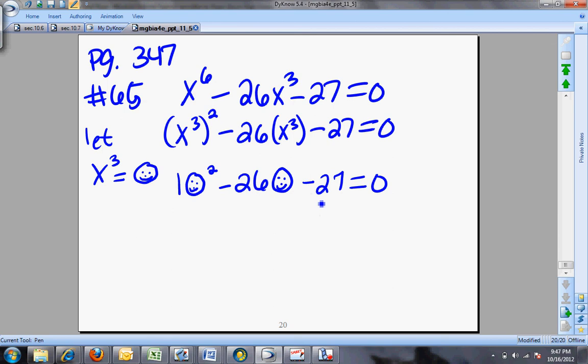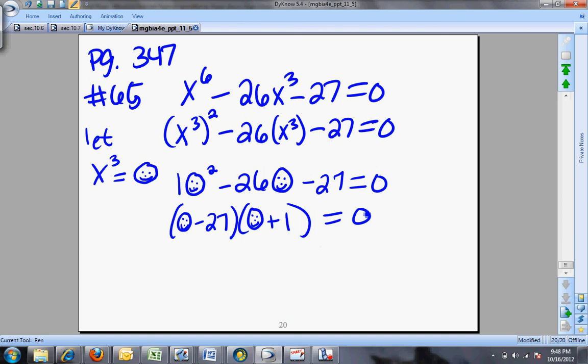What two numbers multiply to negative 27 and add to negative 26? Well, negative 27 and 1. So this factors down into happy face minus 27 times happy face plus 1. And let's set that equal to 0.